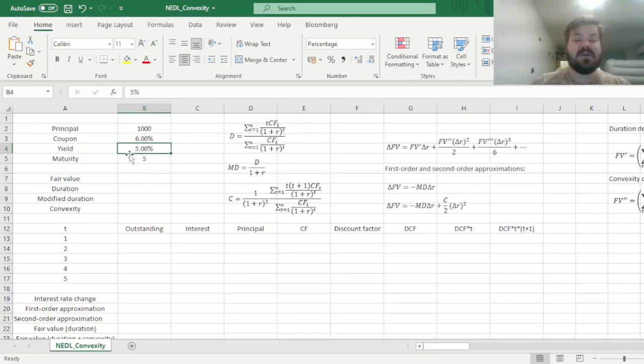If the yield to maturity is reduced, if the required rate of return for such a bond is lower, then the bond would potentially be traded at a higher premium, so its fair value and market price respectively would increase. But to model this quantitatively, duration and convexity come in handy. So let's build the cash flow schedule first and investigate these calculations.